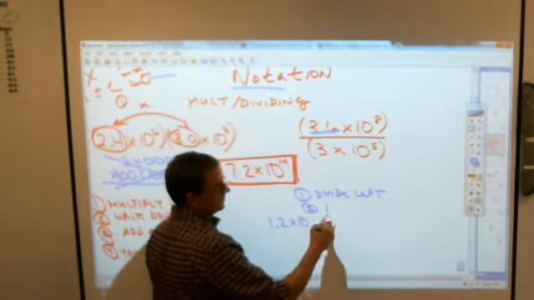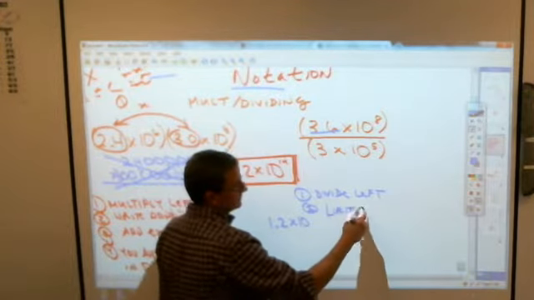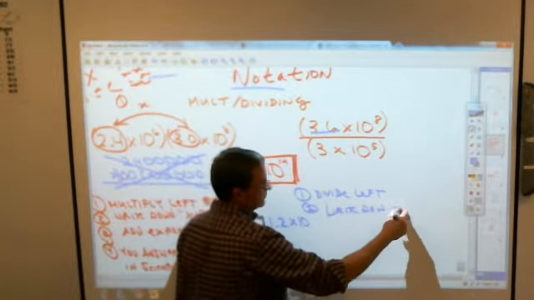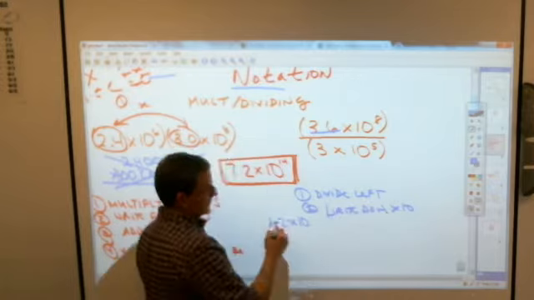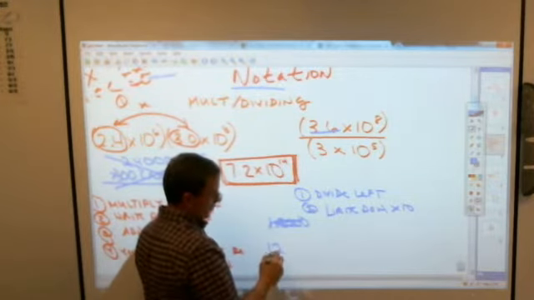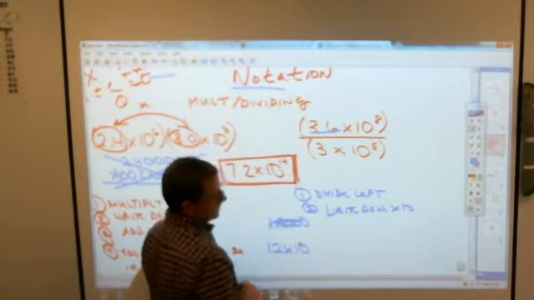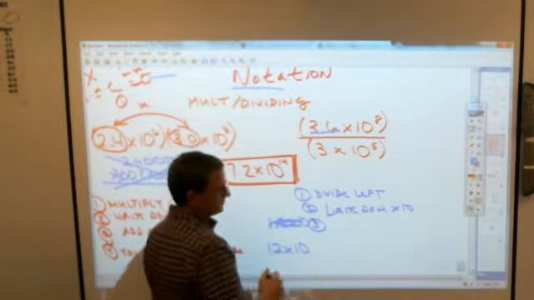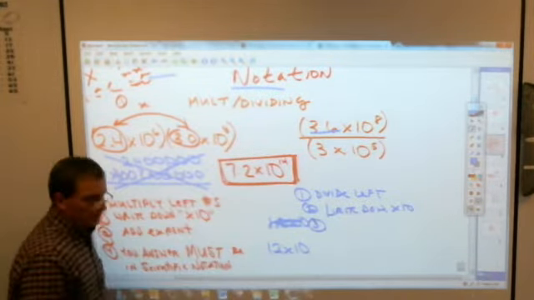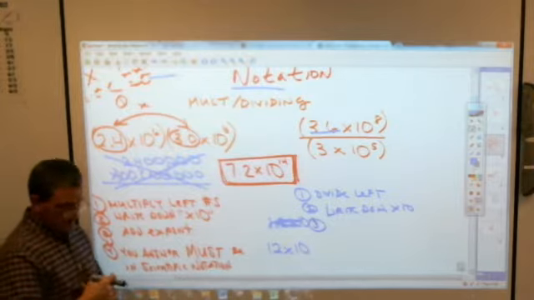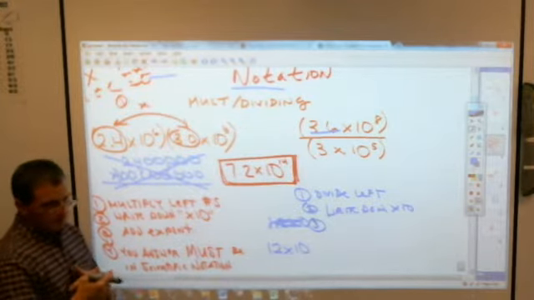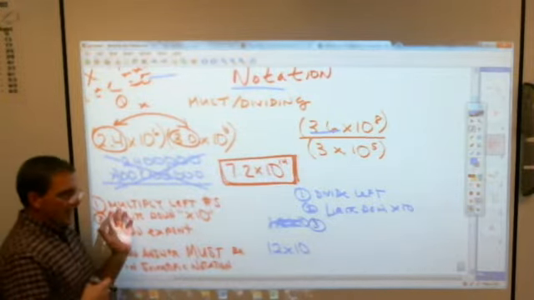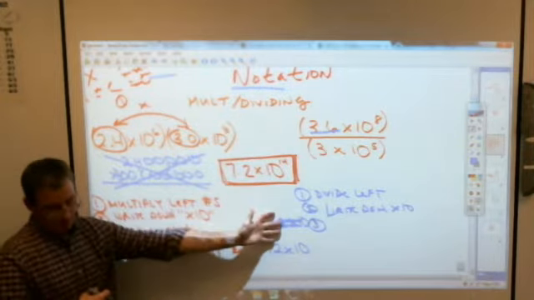So that's my dividing my left. Guess what step number 2 is? Write down the times 10 part. I'll do it over here. 1.2 times 10. Now, here we go. What is different between multiplication and division? Let me see if you can pick up this without me saying it. In multiplication, I added the exponents together.